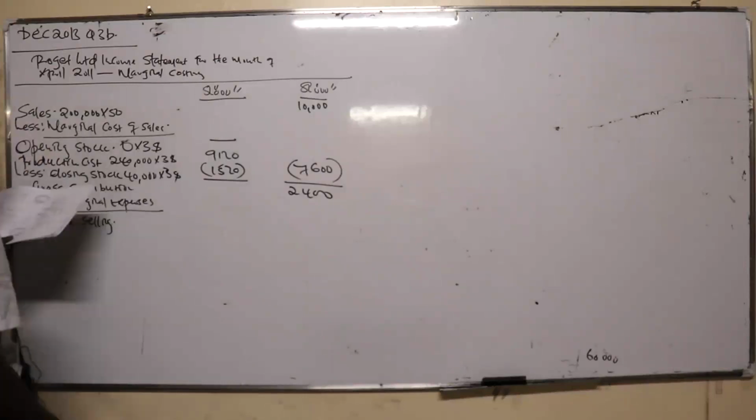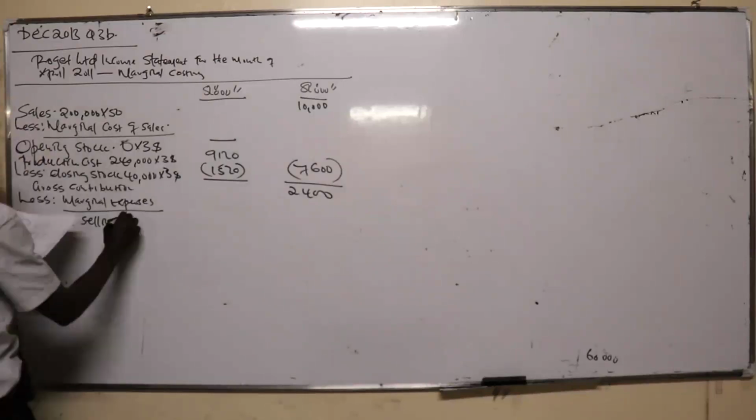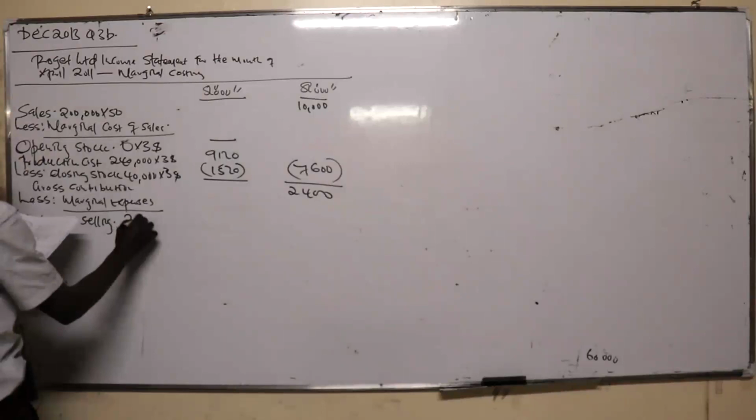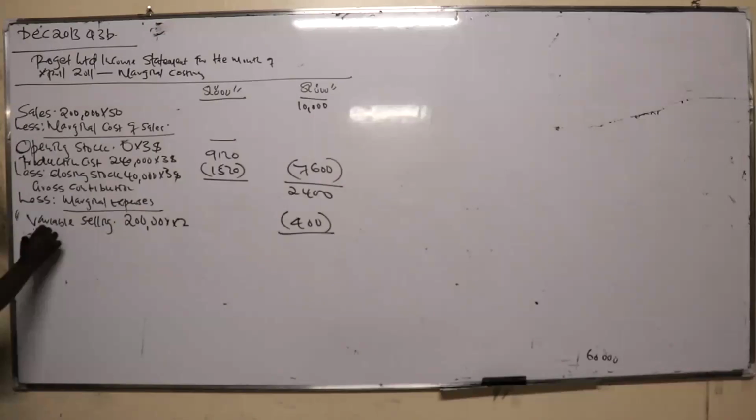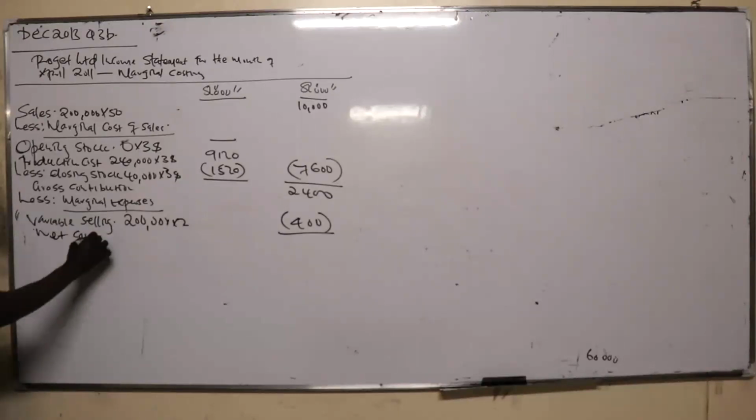So you multiply by the total number of units that were sold times 2. So that one will give you 400. So you get here net contribution. You get here what you call the net contribution, which is 2,000.